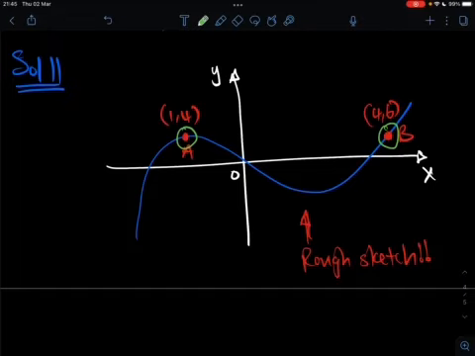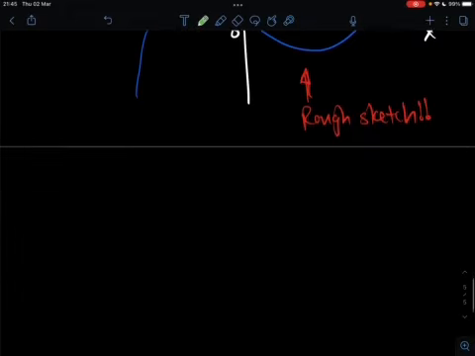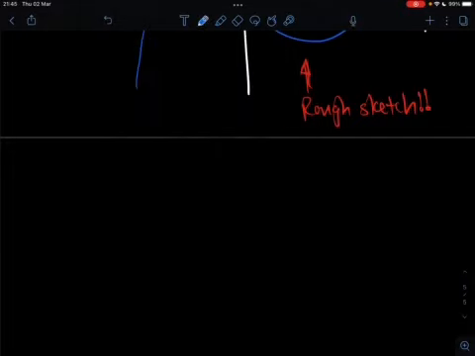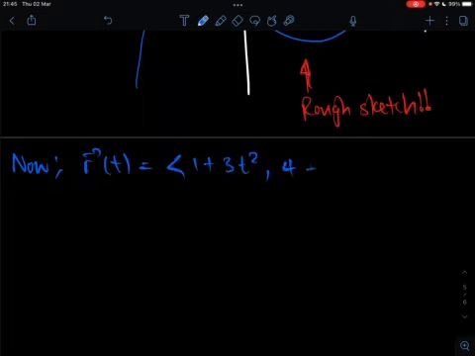First you will have to invoke the position vector itself. So what do we know? We know that r of t is equal to 1 plus 3t squared and 4 plus 2t cubed. So that's one thing that we know.